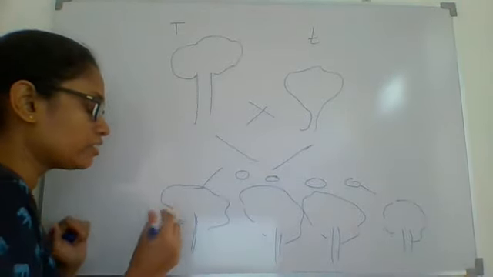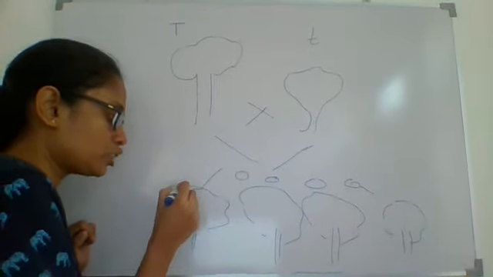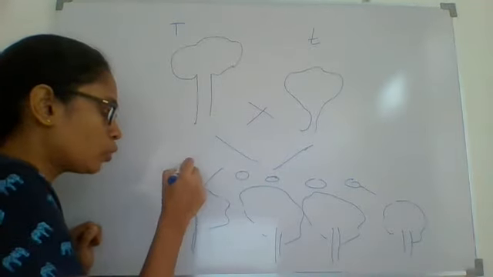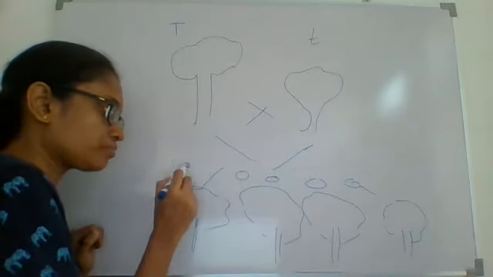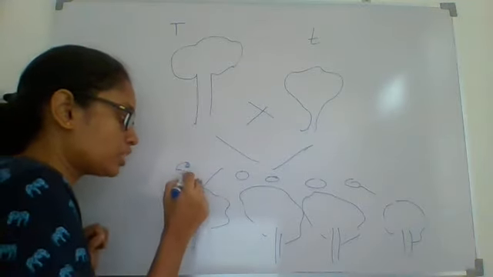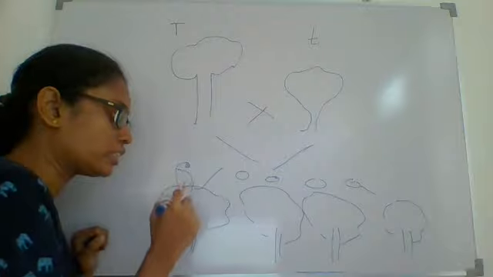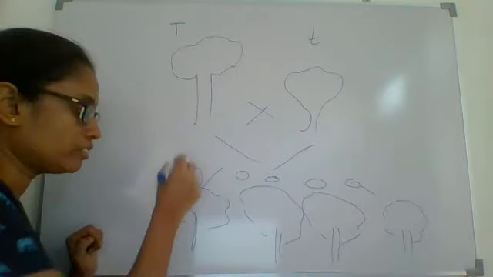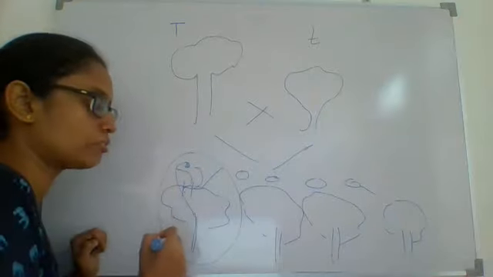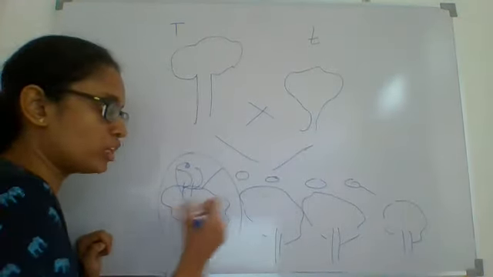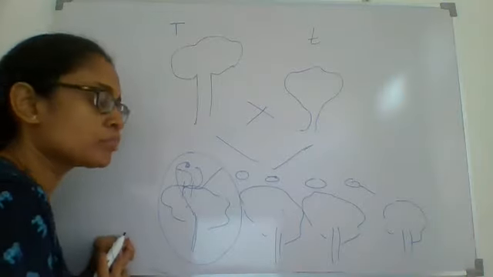And again, he allowed each plant to self-pollinate. That means the pollen of the flowers of this plant was deposited on the stigma of the same flower, and within this plant they got pollinated, not between two plants, right?